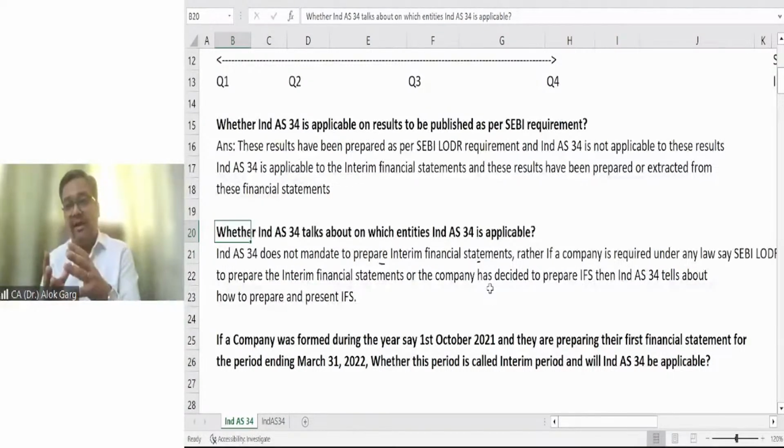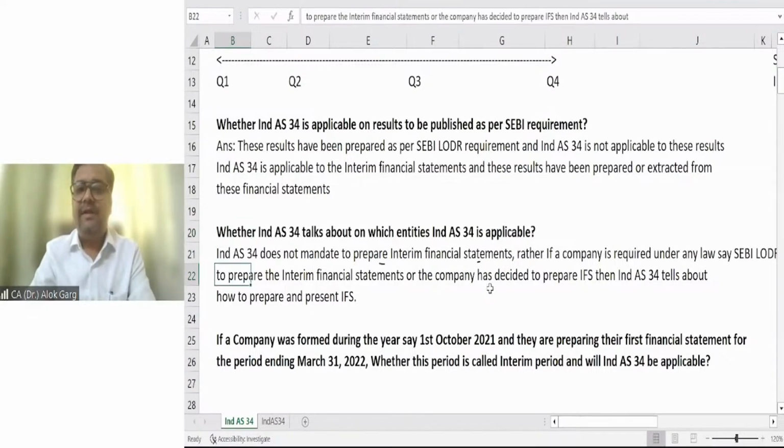That is why listed companies are preparing interim financial statements. So if a company is required under any law to prepare interim financial statements, or the company has decided to prepare them, then Ind AS 34 talks about how to prepare and present them. That's all. Is that clear, friends? But Ind AS 34 does not mandate.